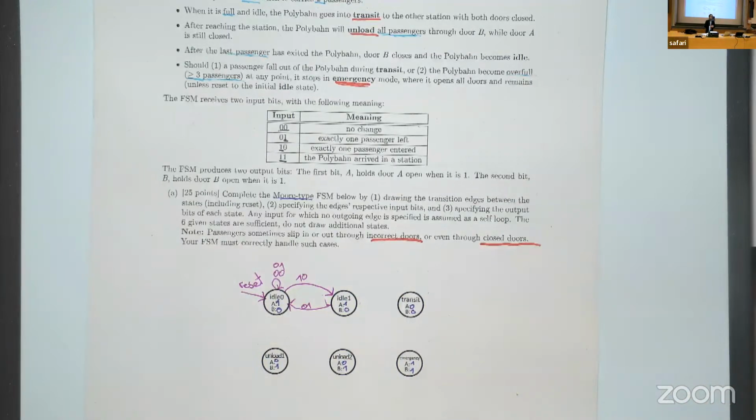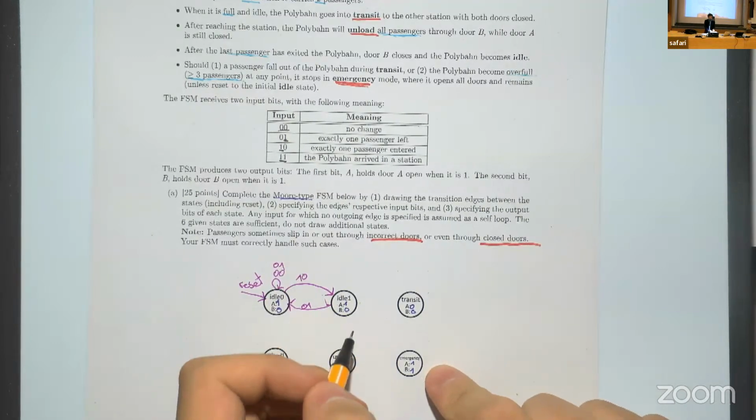Okay, so that sounds ominous, but the entire point behind that statement is that you shouldn't rely on the state of the doors for the correctness of your edges. So we could totally have a passenger slip back out through the door they were supposed to enter, and we handled that here. We go back with an edge.